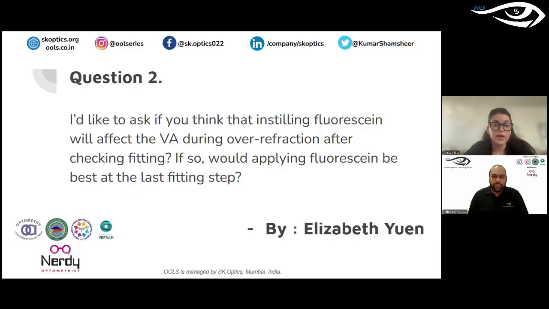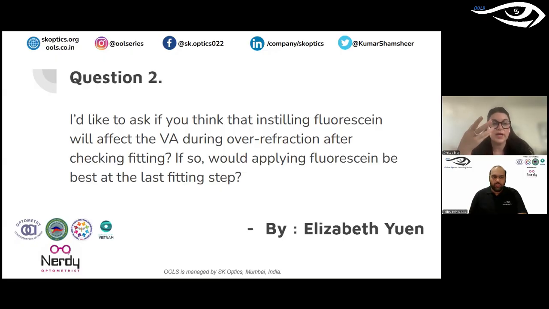Yeah, I definitely do it after we check the VA and do the overrefraction. When we dispense the first lens and they come back for their first progress check, typically we'll always book those in the afternoon so that they can wear that lens for a minimum of 4 hours, so it's settled more into that conjunctiva.